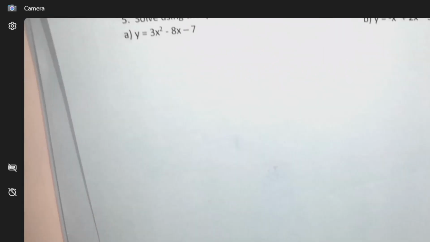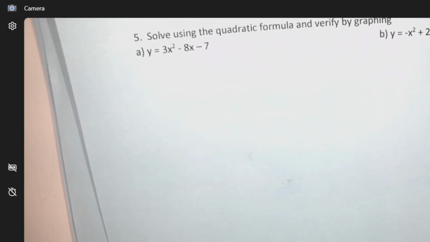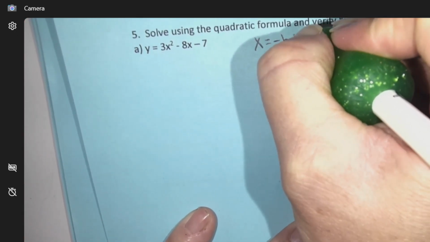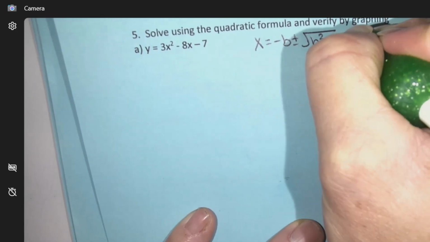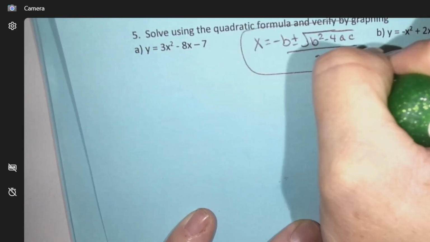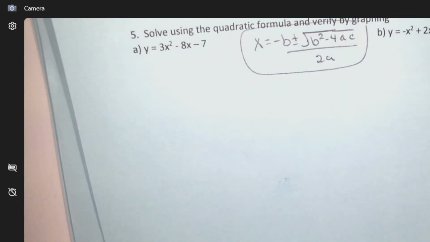Okay, and then we had the quadratic formula. So this would be something on your formula sheet that I give you, so don't worry about it on your cheat sheet.